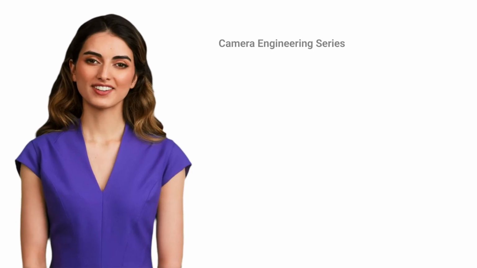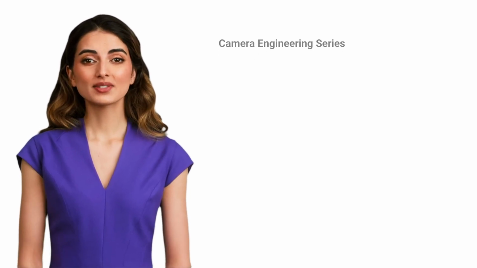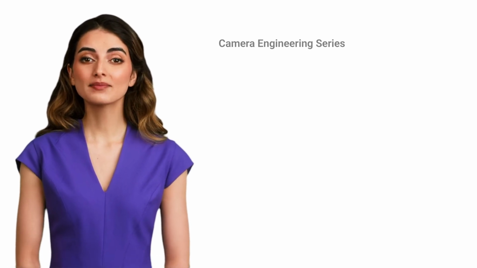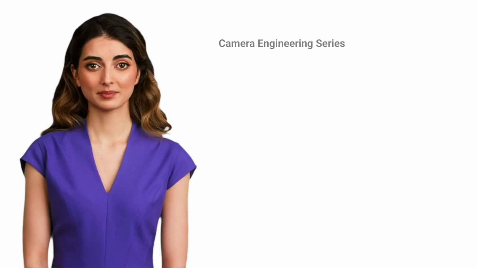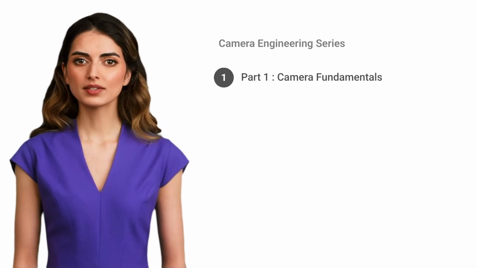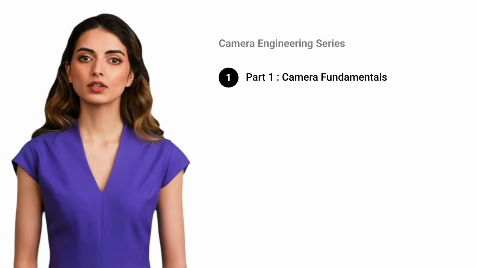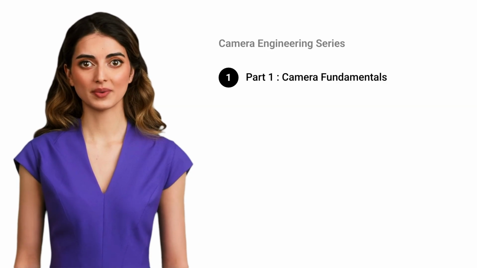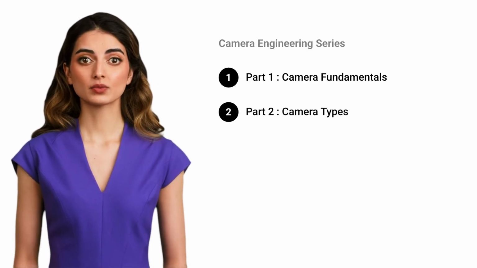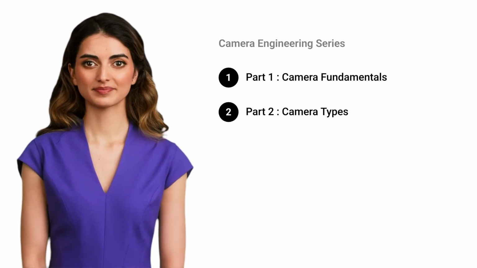Welcome to this camera engineering series. In this course, we'll build a strong foundation in understanding cameras used in robotics, unmanned ground vehicles, and autonomous systems. The series is divided into 5 parts. We'll begin with camera fundamentals, where we'll understand the core concepts every engineer should know. Next, we'll explore types of cameras, learning how different cameras work and how they capture images.